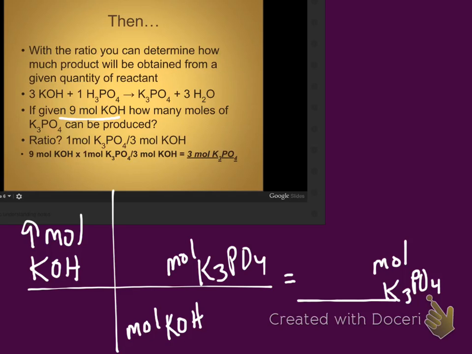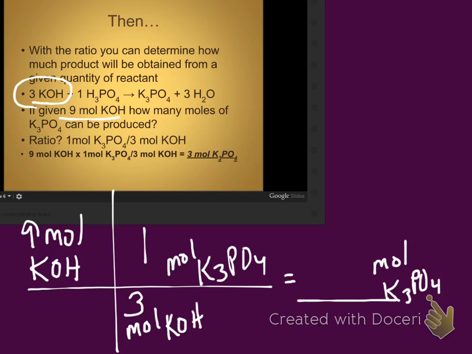Because what numbers do we put in there? Well, the numbers we put in are going to be our mole ratio, and those are going to come directly from the coefficients in the balanced chemical equation. So for every 3 moles of potassium hydroxide that we have, we're going to form how many moles of potassium phosphate? 1.